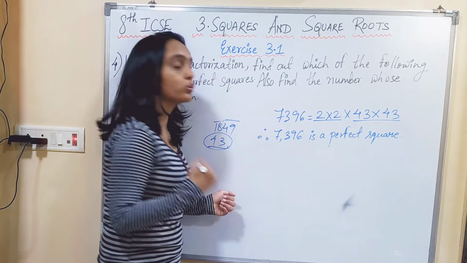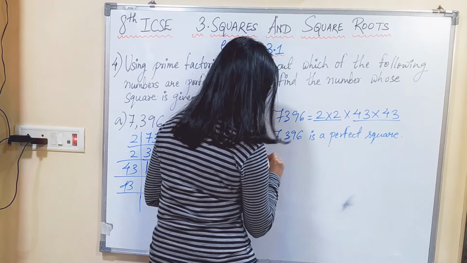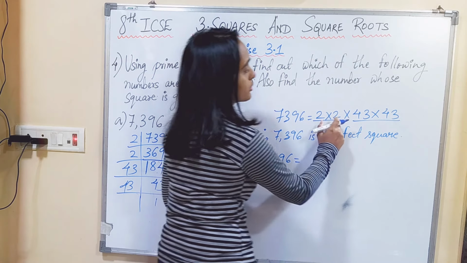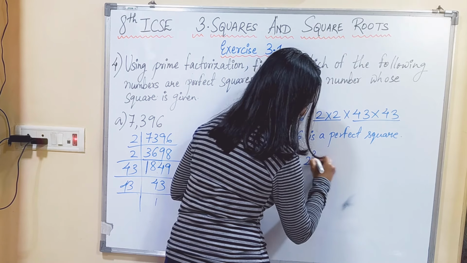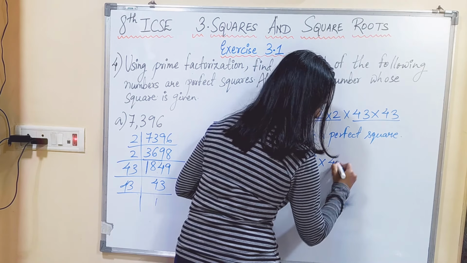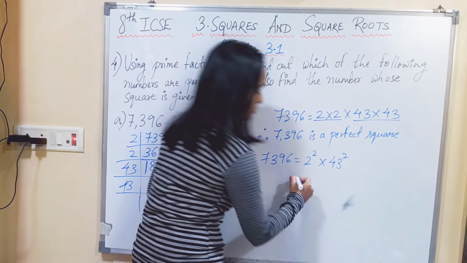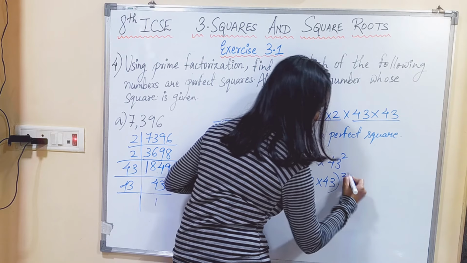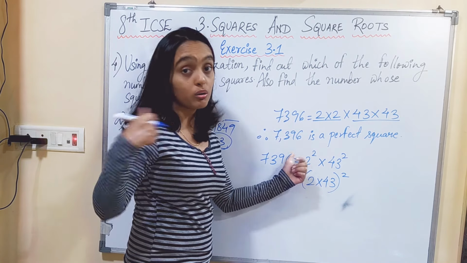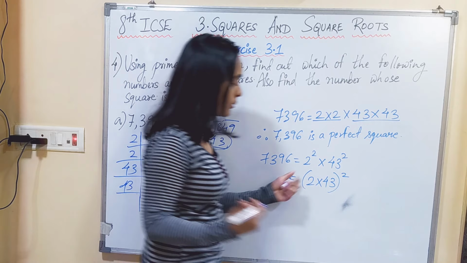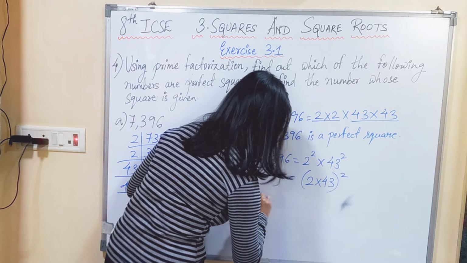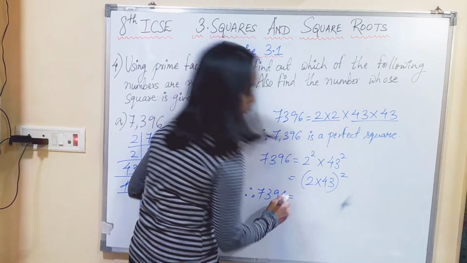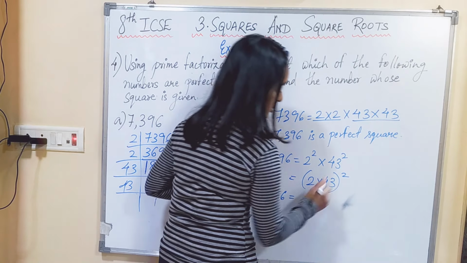And now we have to find whose perfect square it is. So 7396 can be written as 2 square multiplied by 43 square. So this can be written as 2 multiplied by 43 the whole square, by using the law which we learned in the previous lesson. So therefore 7396 equals 2 multiplied by 43.